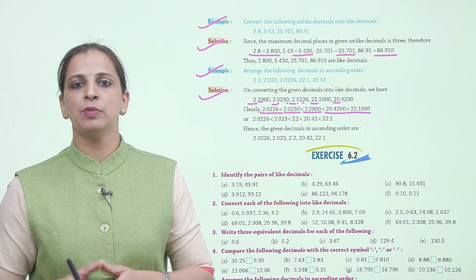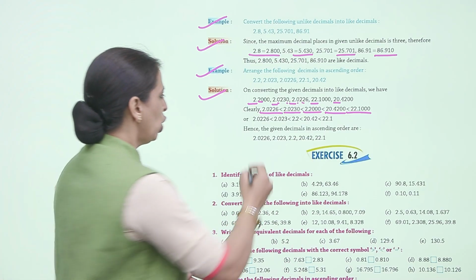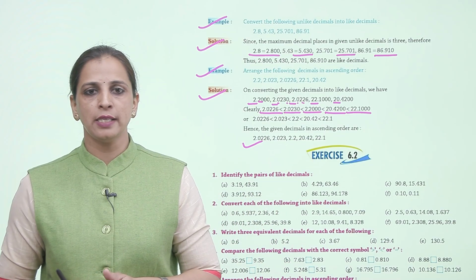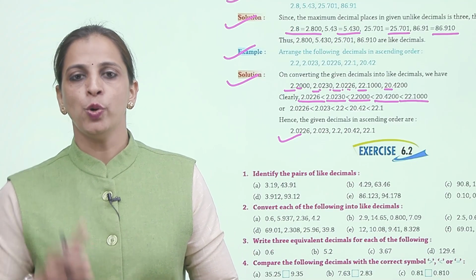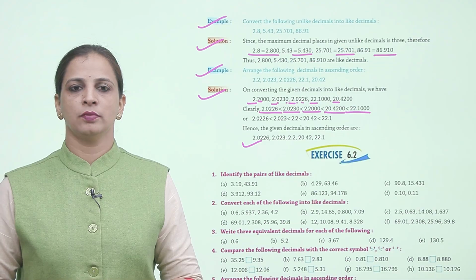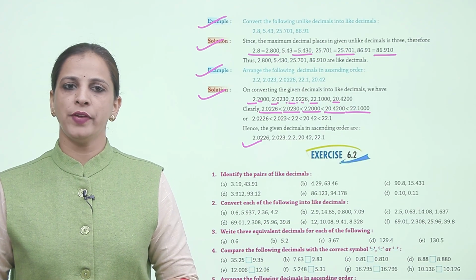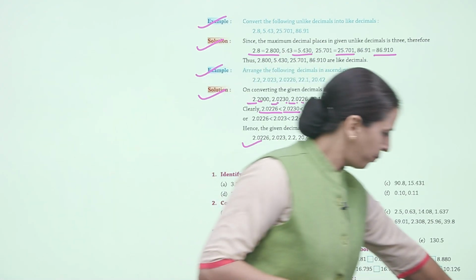Hence the given decimals in ascending order are 2.0226, 2.023, 2.2, 20.42 and 22.1. तो बच्चों सेम मेथड को यूज करते हुए एक्सरसाइज आप खुद ट्राई करेंगे.